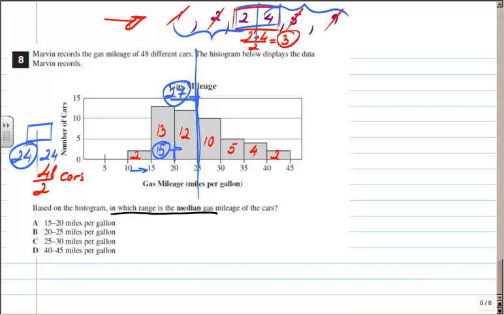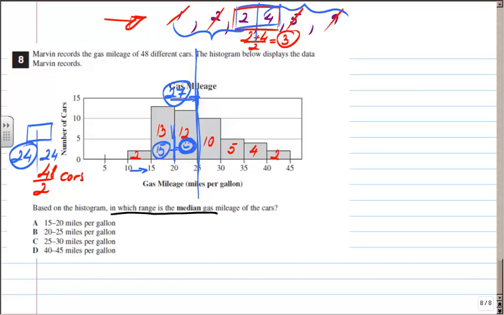I'm looking at what number of cars are in my first half, and in my first half I got 24 cars. Up to this point I have 15, so my median range is going to be in here.